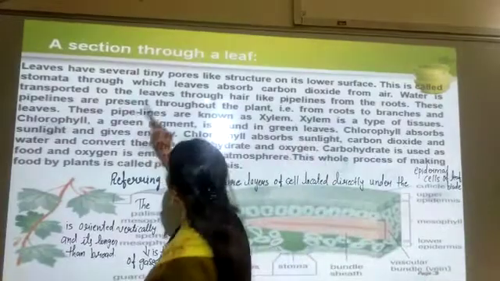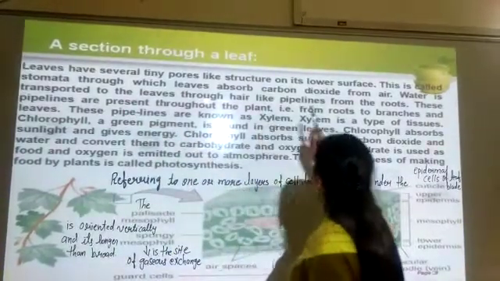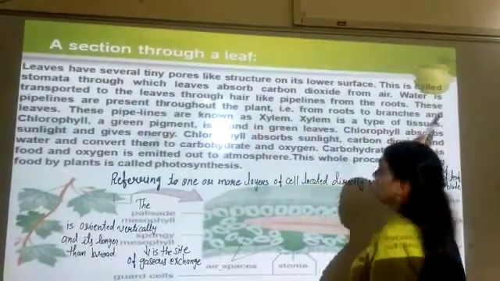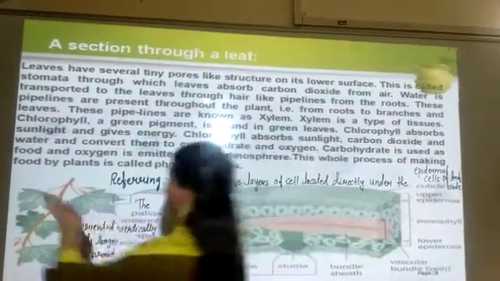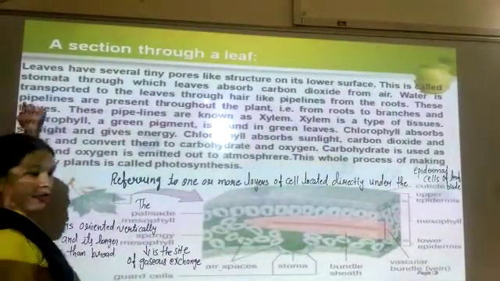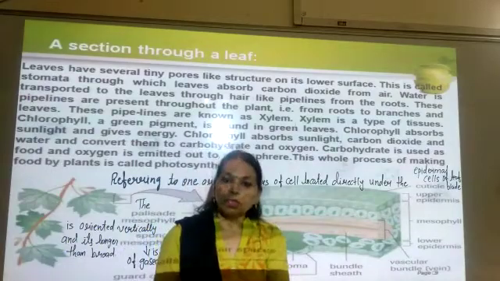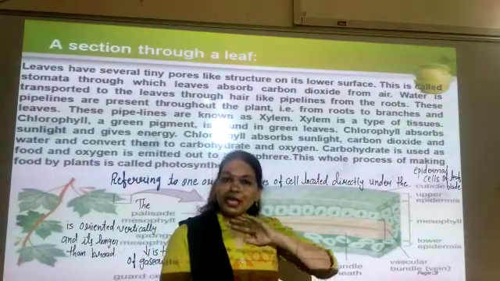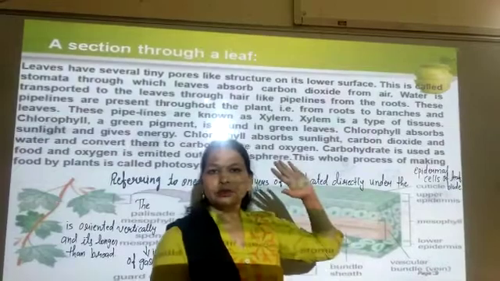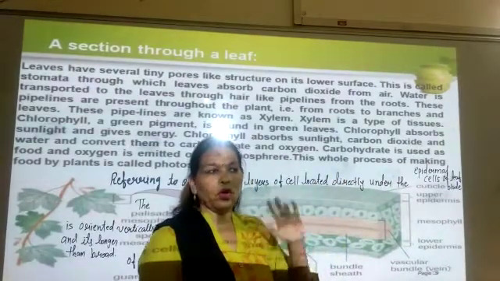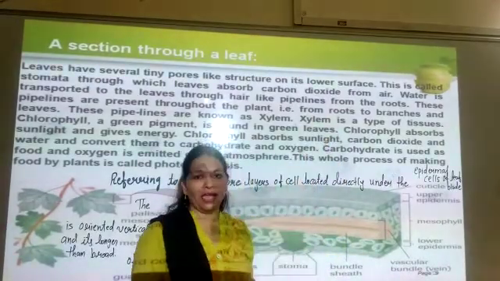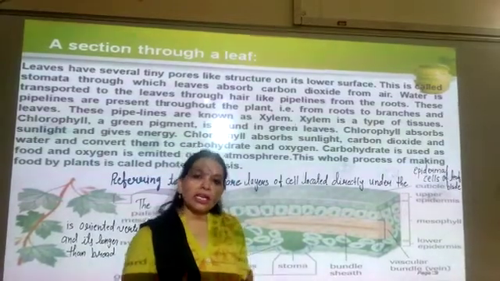These pipelines are present throughout the plant, from root to branches. Pay your attention. The pipeline is connected from the root and extends towards the branches and leaves. Okay, so the whole pipeline absorbs water and minerals.